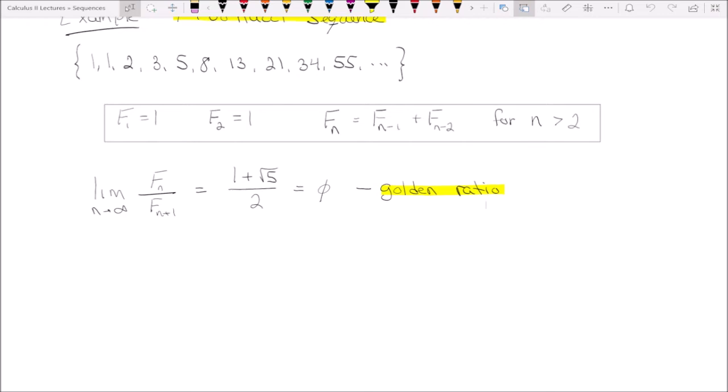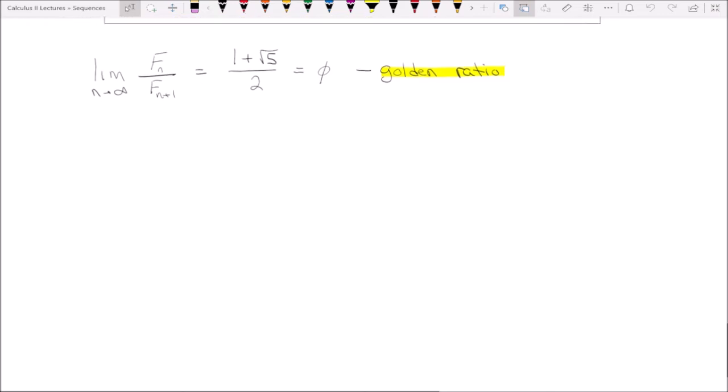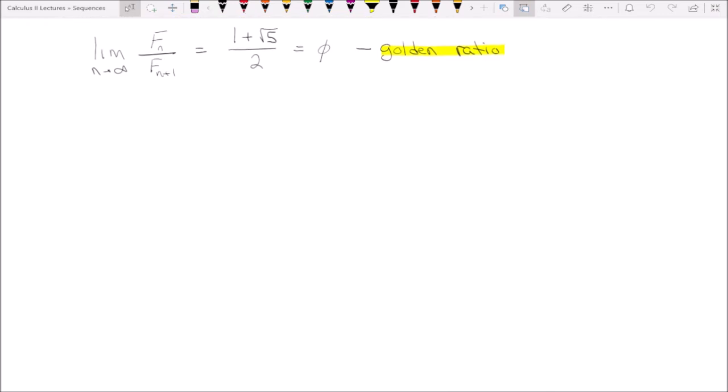Now, when we study sequences, our main interest is in the convergence of the sequence.